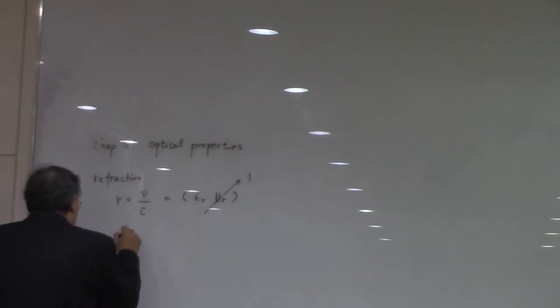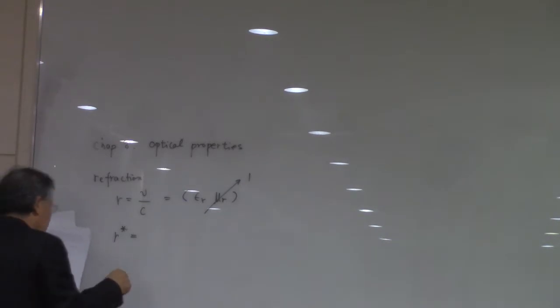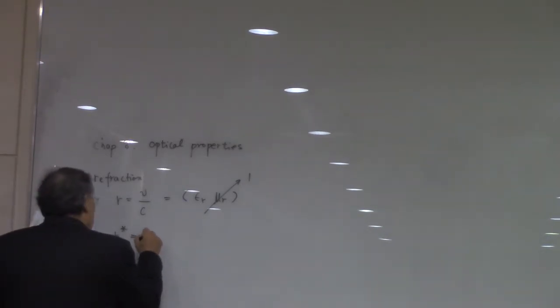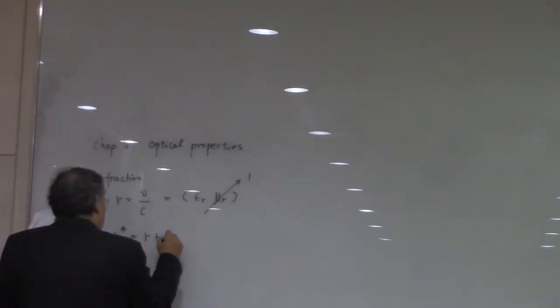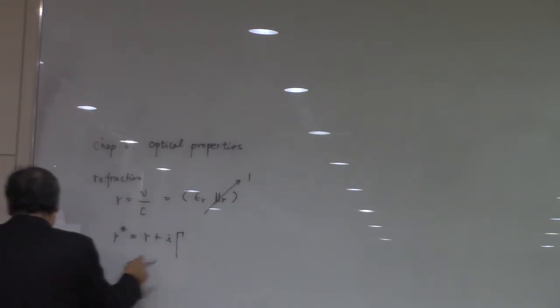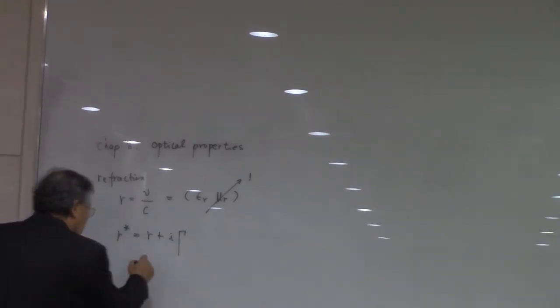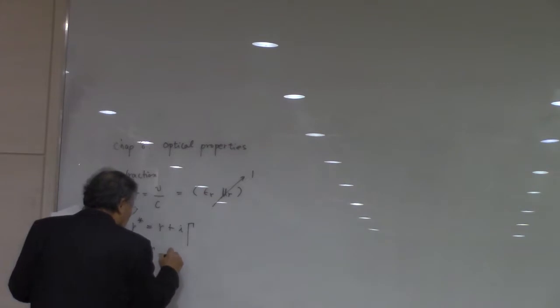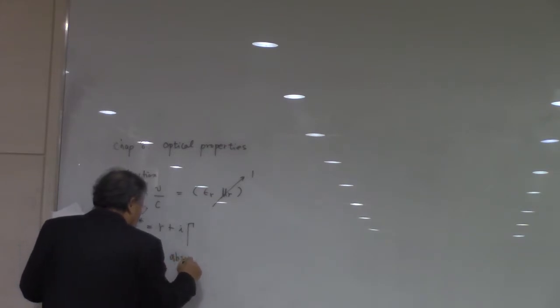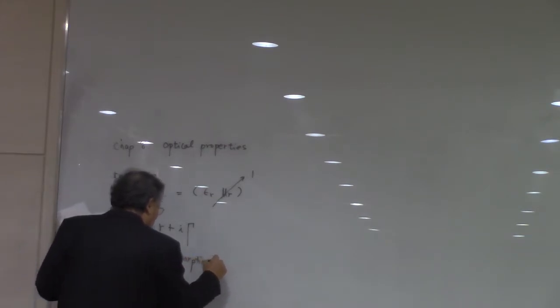And when absorption happens, we have a complex refractive index, R plus i gamma, and gamma is the absorption index in this case.